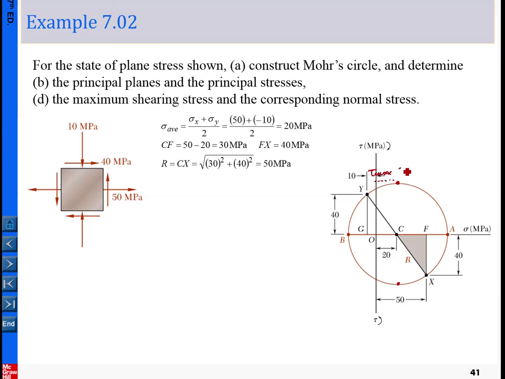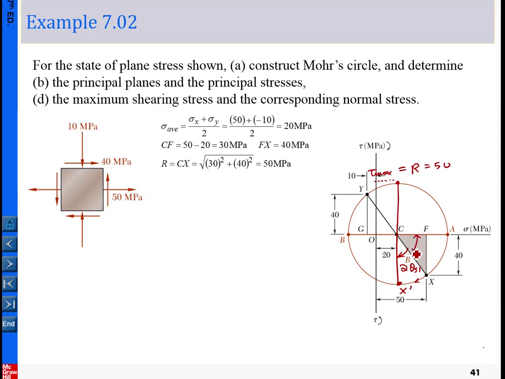The maximum value equals R, which is 50. Now this is the diameter we want to transform to. For example, if you choose this direction, let me call it 2 theta s1, and in that sense x moves to x prime. From here you can determine 2 theta s1.